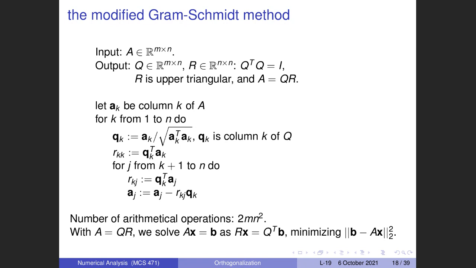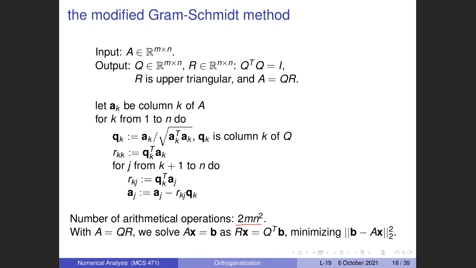So we have 2 times m times n square. The n square comes from the 2 loops, and then we have the m. Here I have switched the notation from n times k to m by n. Here we have the modified Gram-Schmidt, where the m comes from the inner products.